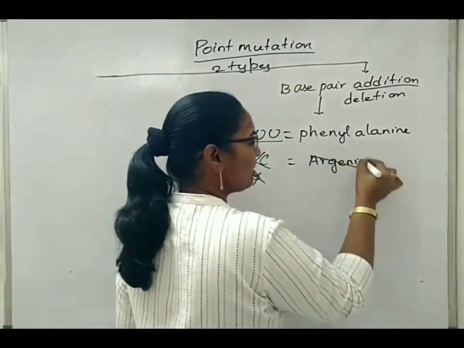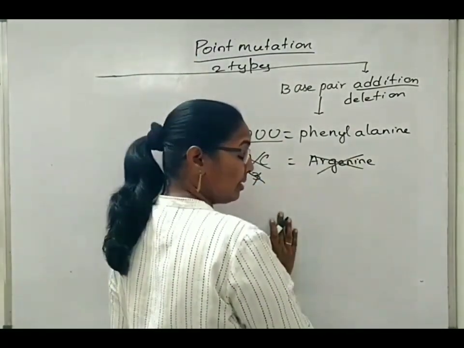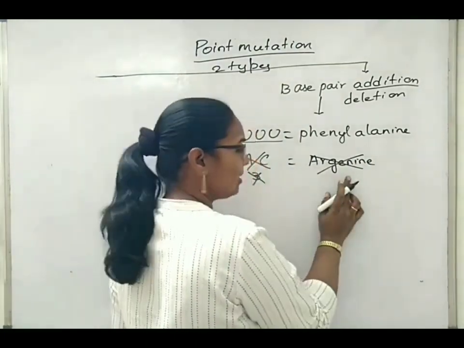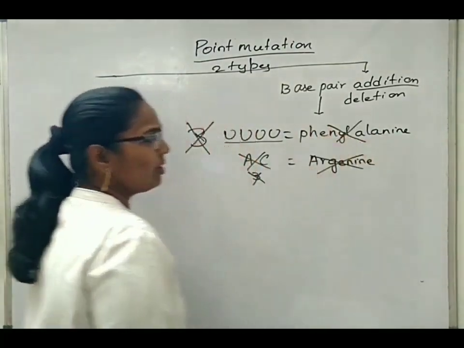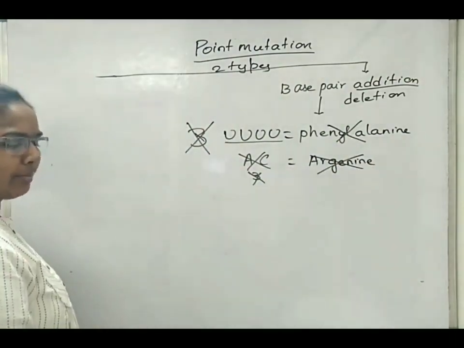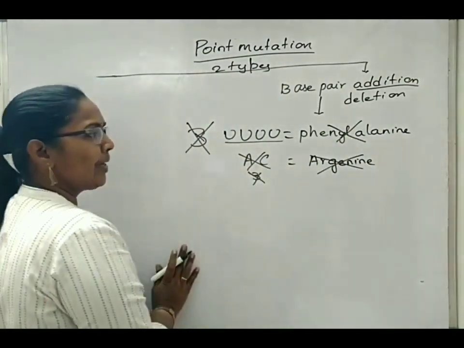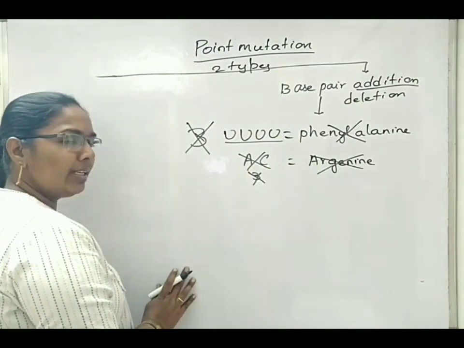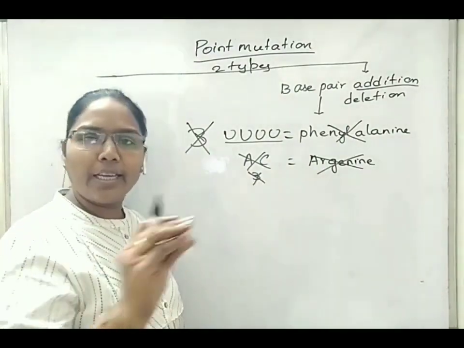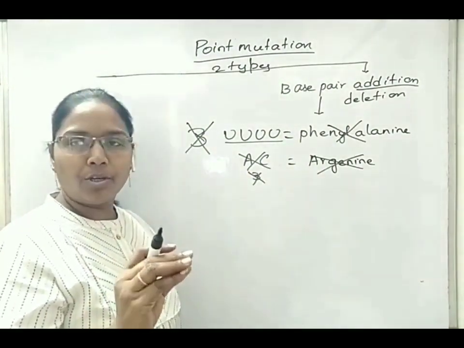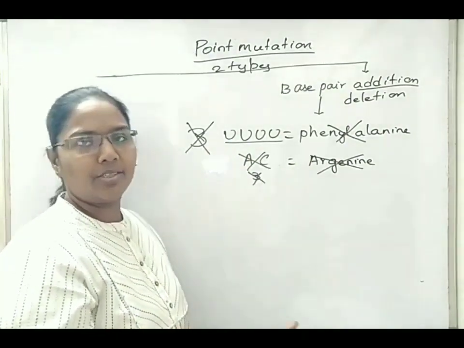And so what happens? When it is not divisible by 3, the particular triplet codons, the respective amino acids are not synthesized, either in this case or when addition type of mutations happen. Such base pair addition or deletion mutations will lead to a total change in the frame of triplet codons, which will cause changes during translation.